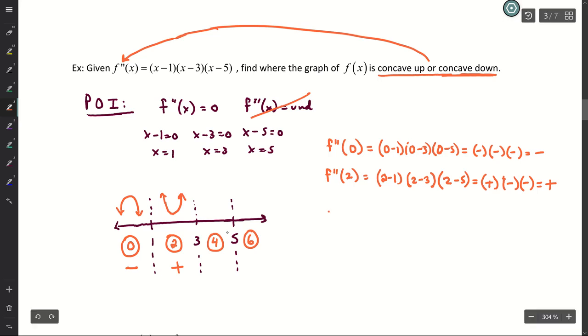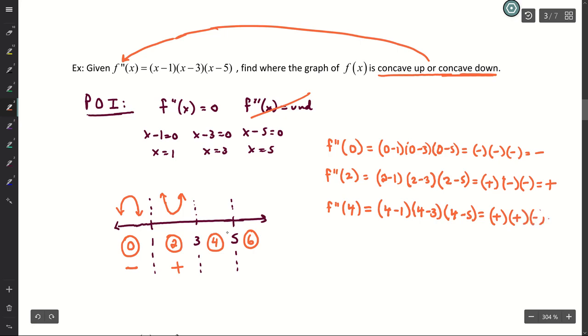All right, let's now do the second derivative at 4. And so on that one, we'll have 4 minus 1, 4 minus 3, and then 4 minus 5. And so there, it looks like the first one's going to be positive, the second one's going to be positive, but the last one's going to be negative.